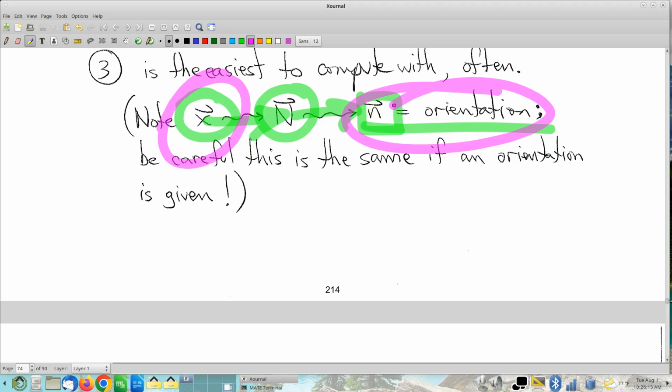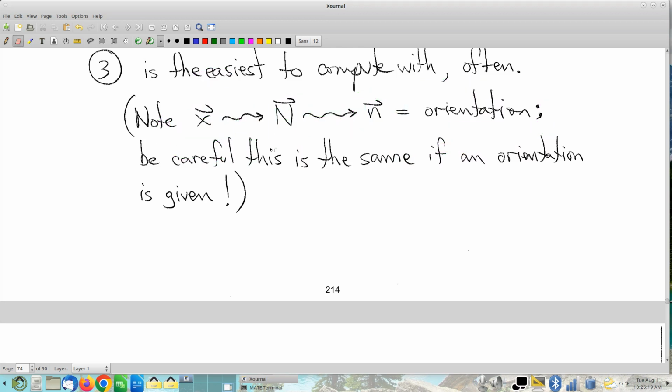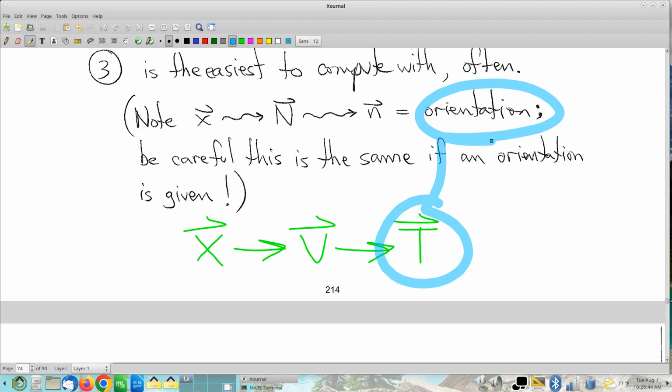So we're going to have to figure out how to address that, and I'm going to make a quick analogy here before we go on. I want to remind you, when we do vector line integrals, we parameterize. The parameterization gives us a velocity vector. The velocity gives us our unit tangent vector, namely our orientation.